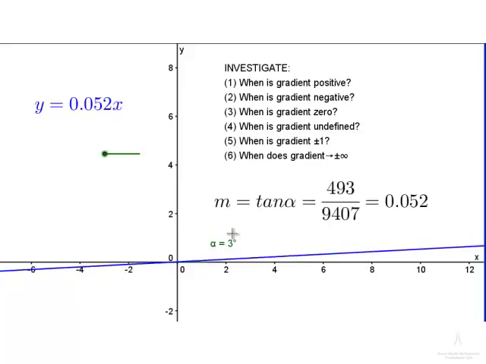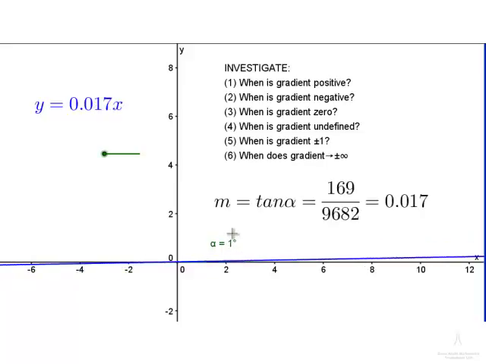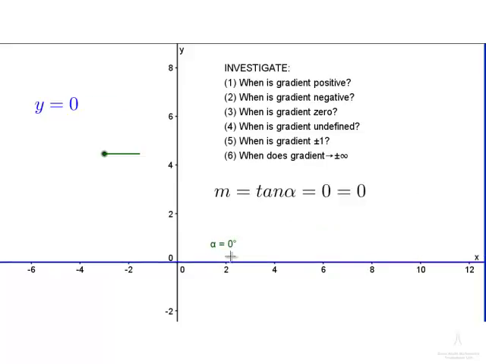Yes, the gradient will be 0, the angle is 0, tan of 0 degrees is 0, and the defining equation is that of a straight line parallel to the x-axis with a defining equation y equals the constant, but in this case it coincides with the x-axis, so therefore the defining equation of the x-axis is y equals 0.